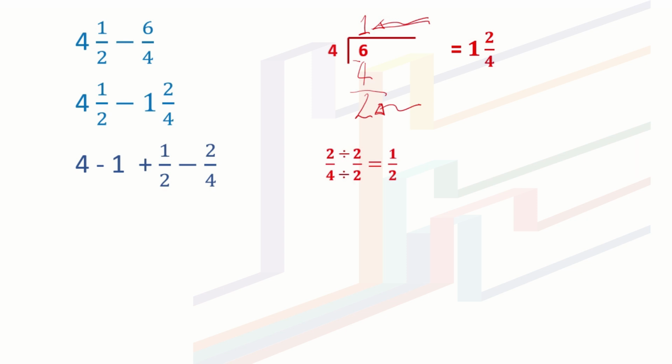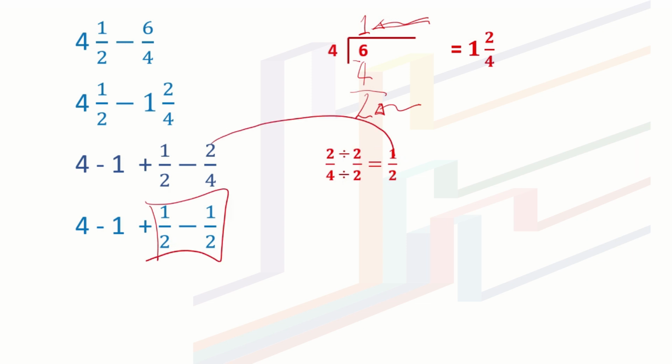So we are going to convert 2 quarters into 1 half. We do it by dividing by 2 over 2. Remember, a number over itself is 1. It means we are finding an equivalent fraction. We are not changing the meaning of it. So it says 4 minus 1 plus 1 half minus 1 half. Check this out. 1 half minus 1 half, because 2 quarters is equivalent to 1 half.